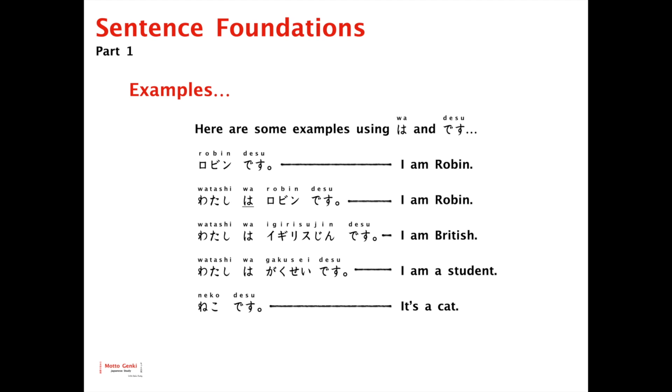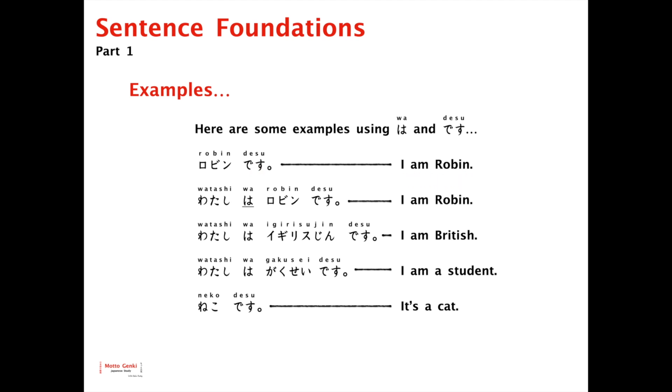However, sometimes in Japanese, you can shorten sentences by getting rid of a part of the sentence that everybody already knows. If I'm saying Robin desu, something is Robin, it's implied that it's me. Implicit parts of sentences can sometimes be removed. So, in this sentence, Robin desu, I am Robin.